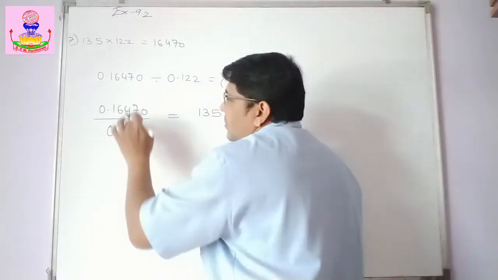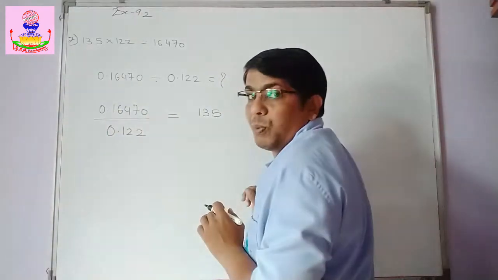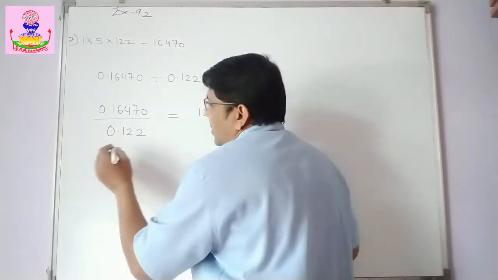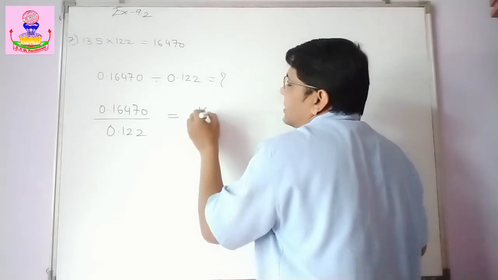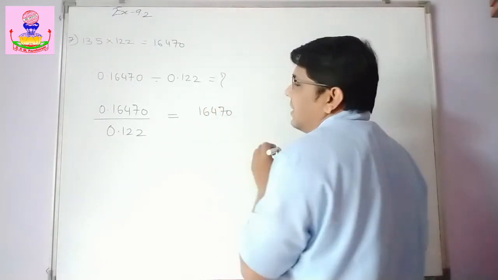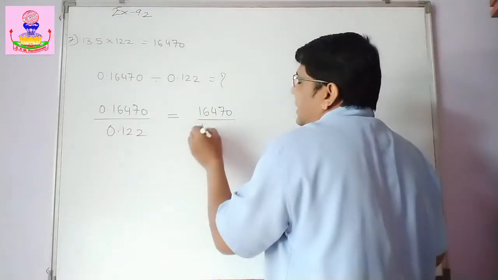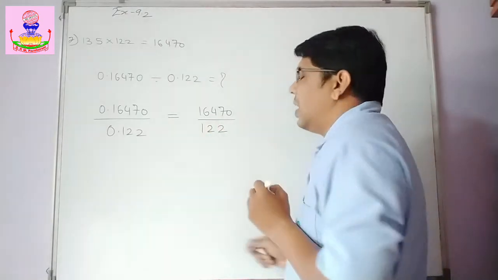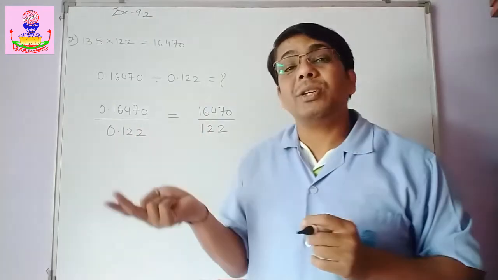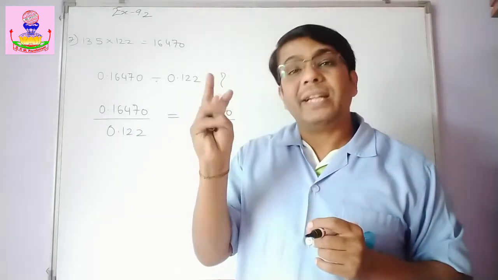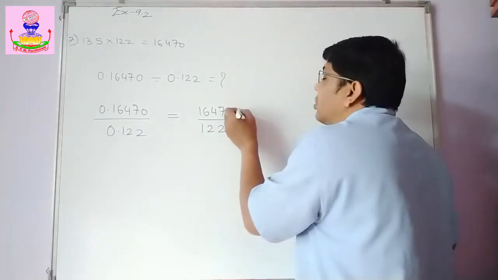Now see, if I remove the decimal point, what should I get? So I am removing the decimal point. So 16,470 upon 122. Now, after the decimal point, 3 digits. So how many zeros will be there? 3 zeros. That is 1000. And where am I going to write it?